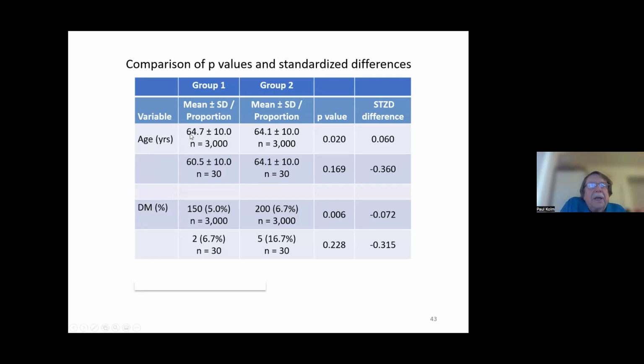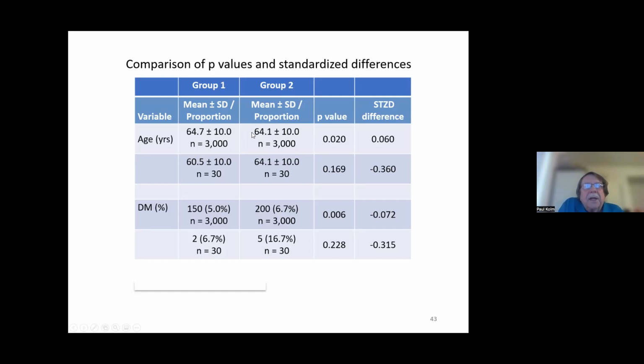So for example, if we're looking at age and group 1 has an age of 64.7, the other one is 64.1, that's not really that much of a difference, but our N is so large that the p-value is 0.02, which tells us that it's statistically significant. But if we calculate a standardized difference, we can see that that's really small, which gives us a better measure or a better index of the difference here.